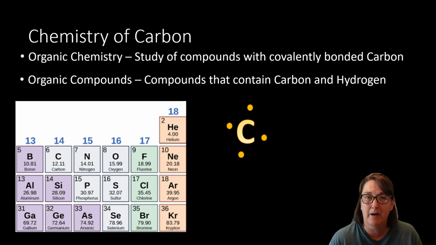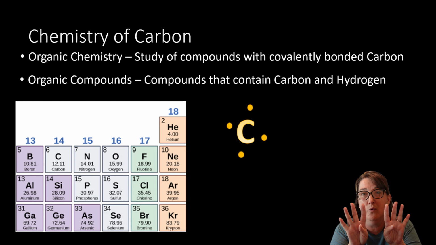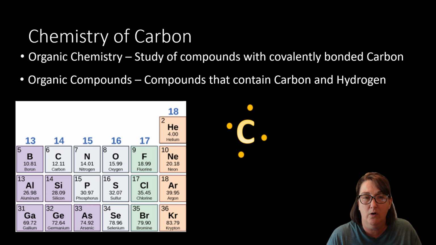The interesting thing about carbon is that for it to hit the octet rule, I need 8 valence electrons. It has 4 already, and it needs 4 more to make 8. So carbon can bring in 4. So now I have a full outer shell, my octet, my valence electrons of 8.